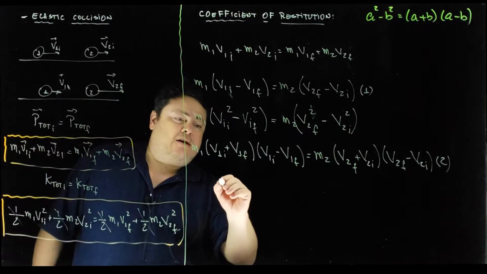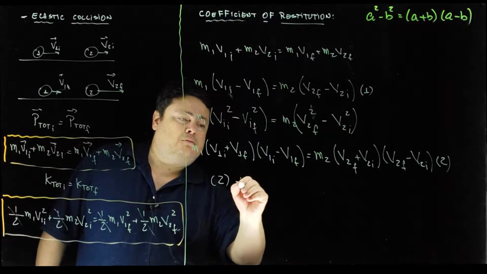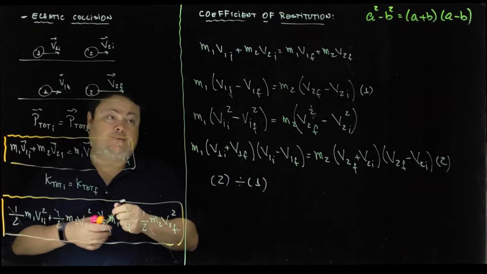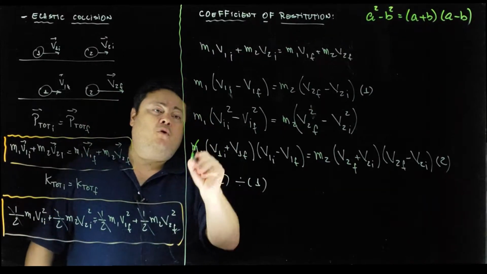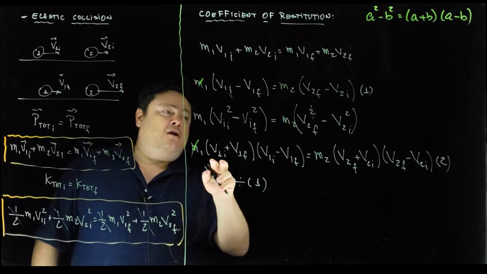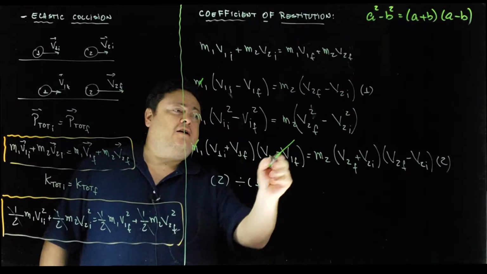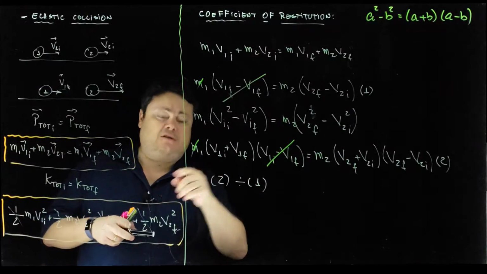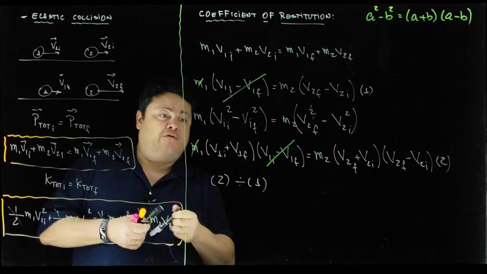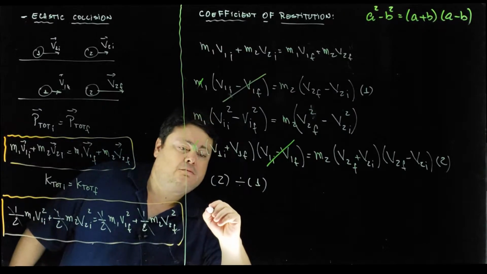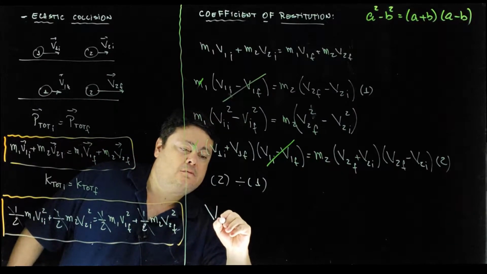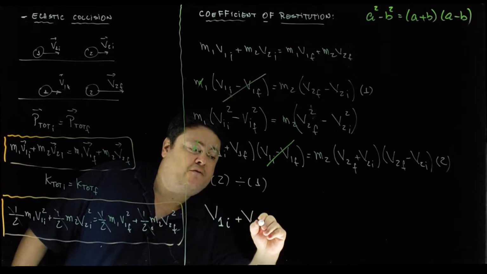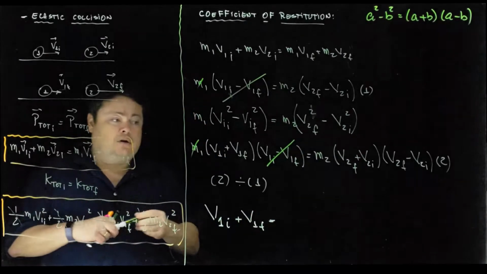Now, if I divide equation 2 by equation 1, we'll get this here. m1 cancels out. v1 initial minus v1 final cancels out. So on the left-hand side, I have just v1 initial plus v1 final equals.